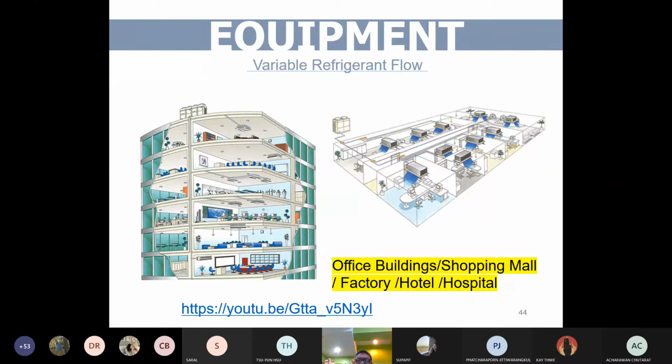So it is very easy to maintain. When you turn on, it runs. So very simple. Currently, many office buildings, if not big buildings, use the VRF. Shopping malls use VRF because they want to reduce the investment cost and maintenance cost.